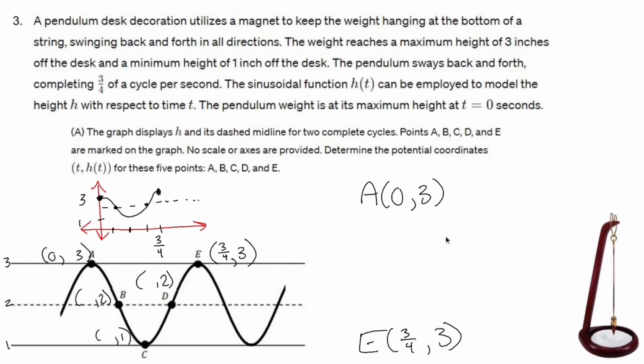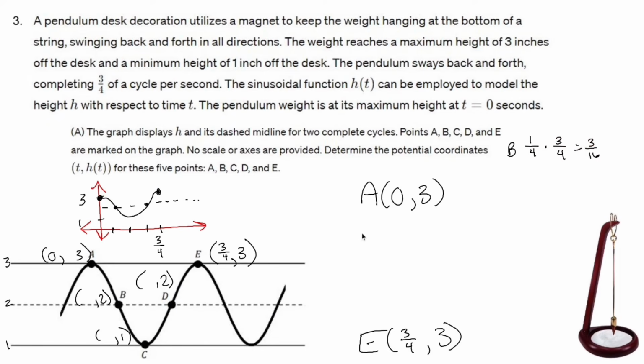So B is going to happen at 1/4 of 3/4. Whatever the distance, this goes from 0 to 3/4. This is going to be 1/4 of it. So 1/4 of 3/4 is 3/16.